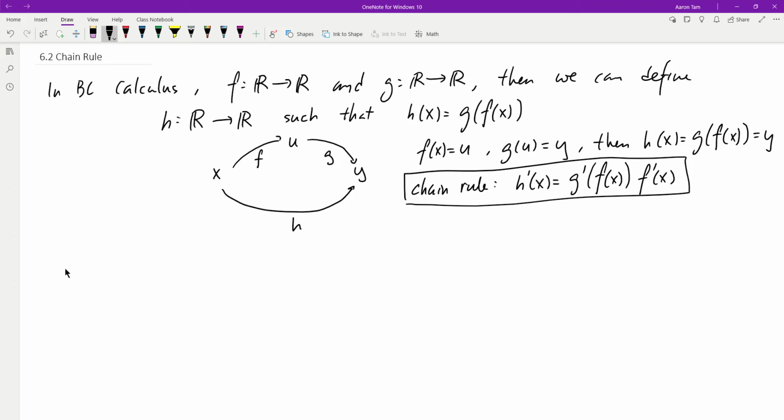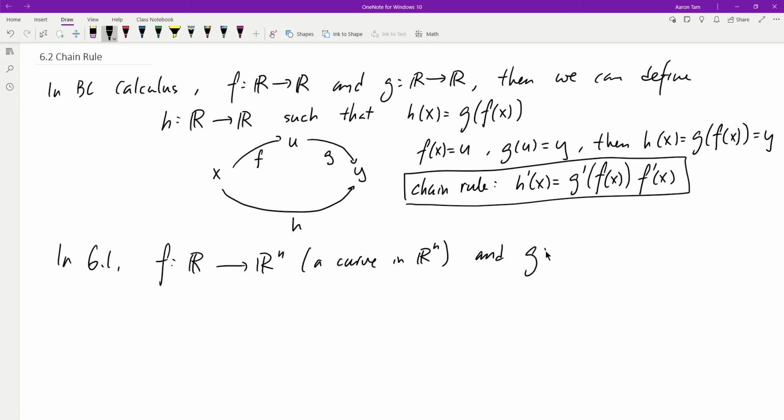Now in 6.1, we learn a little bit different chain rule. We learned the following. Let's say we have f that maps from R to Rn. Remember, this represents a curve in Rn. And let's say we have a function g that maps from Rn to R, and that is an n-dimensional surface in Rn plus 1.